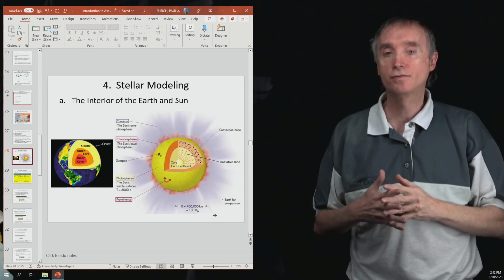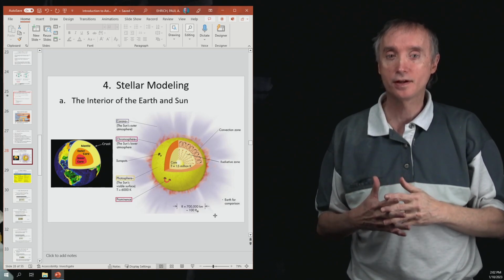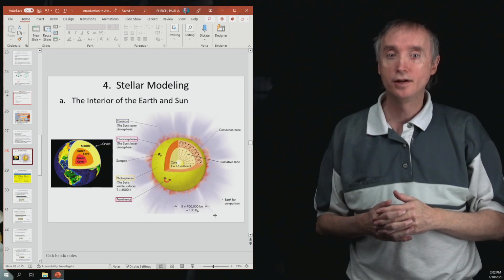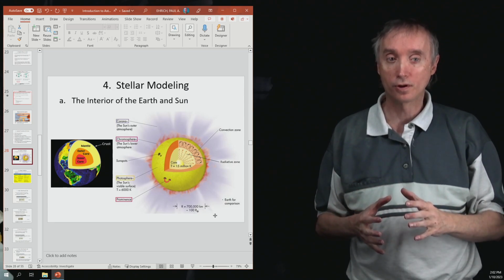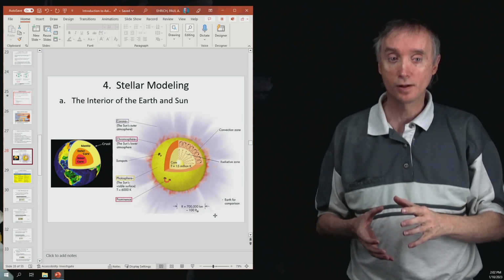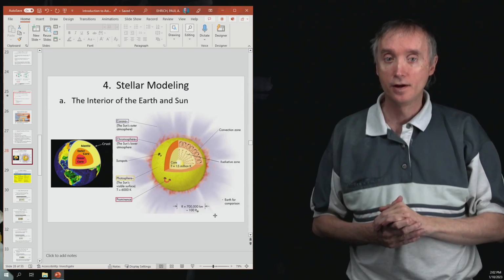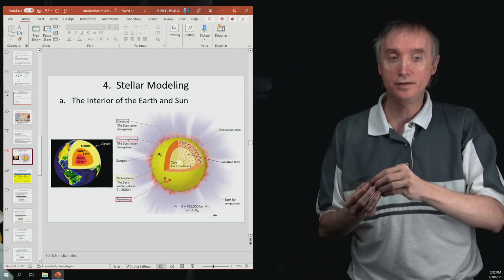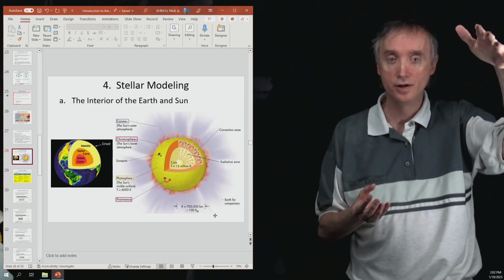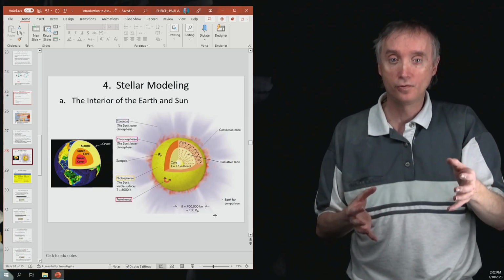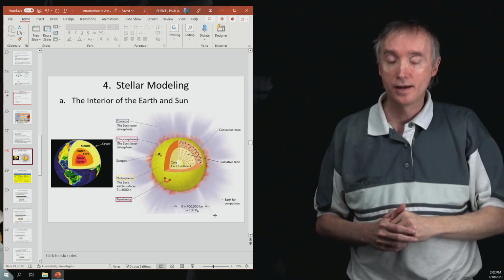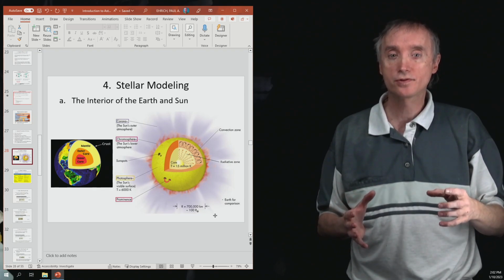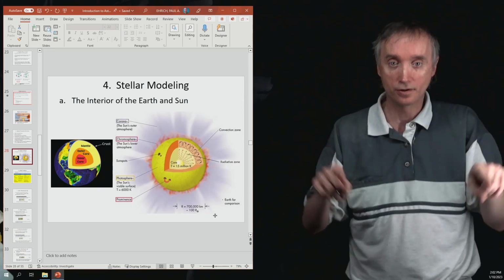So the sun is very similar in that the sun has different layers to it. So inside the sun, you're going to have the core where nuclear explosions are occurring. Then surrounding that is going to be a layer where the heat is traveling to the surface of the sun in the form of radiation. And then on top of that is another layer where the heat is moving towards the surface in convection currents.